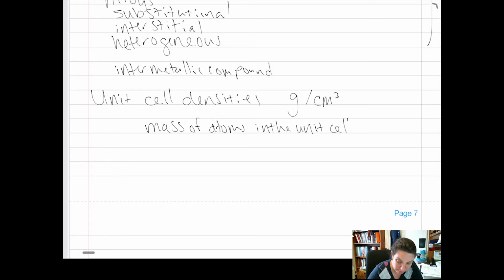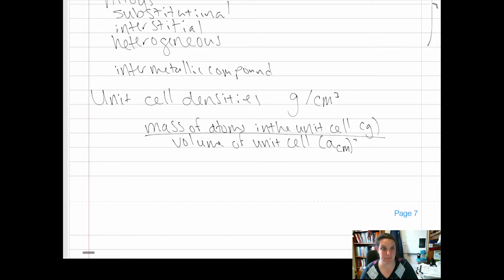And this is going to be in grams, divided by the volume of our unit cell. So this is going to be A in centimeters cubed. Okay?